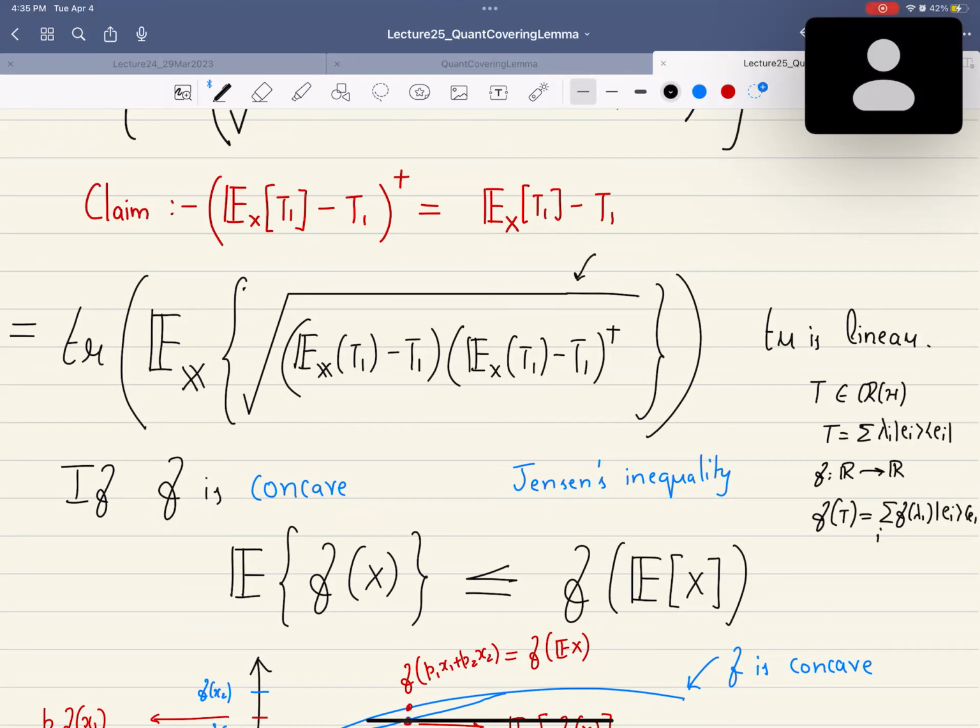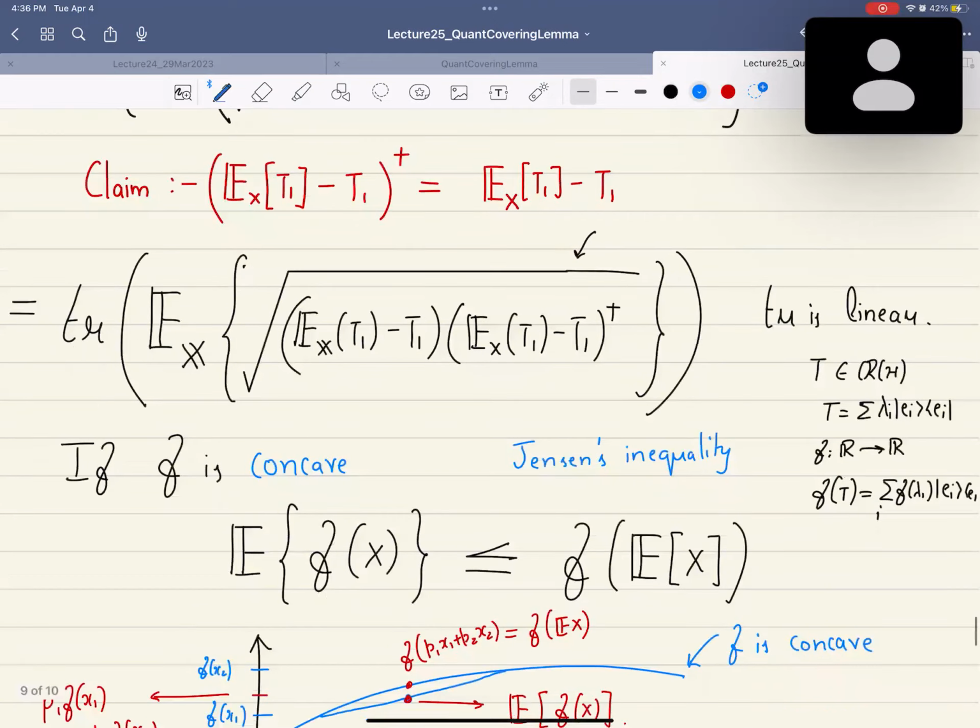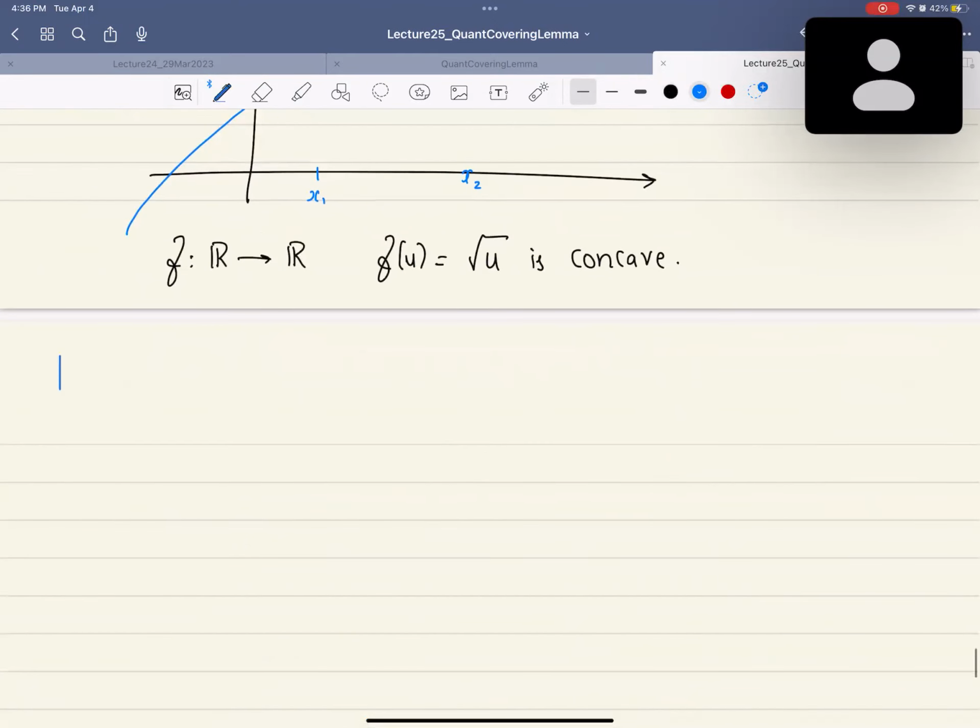Now I want to pull the expectation inside. Then you need the square root function to be operator concave.